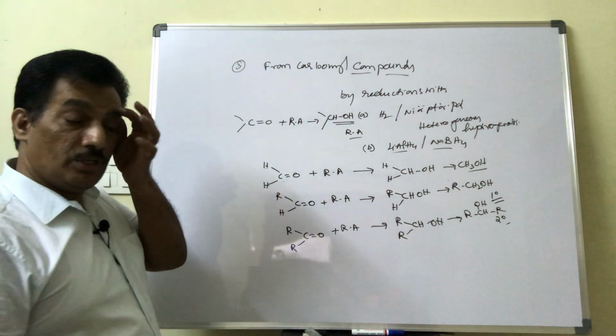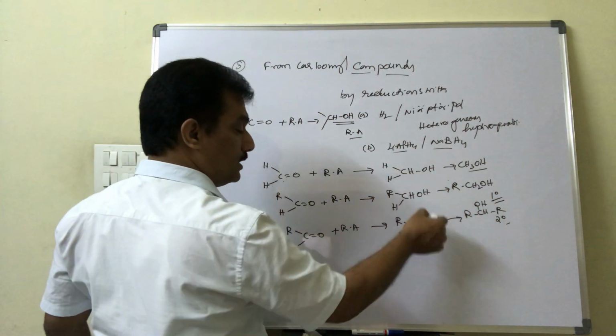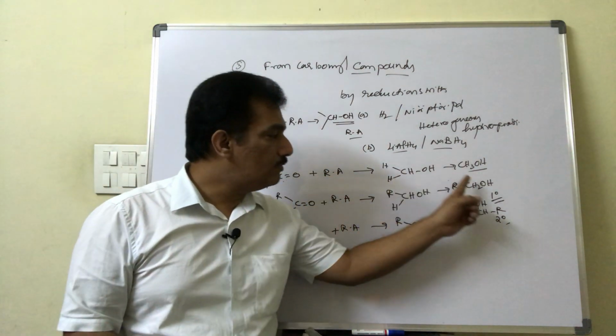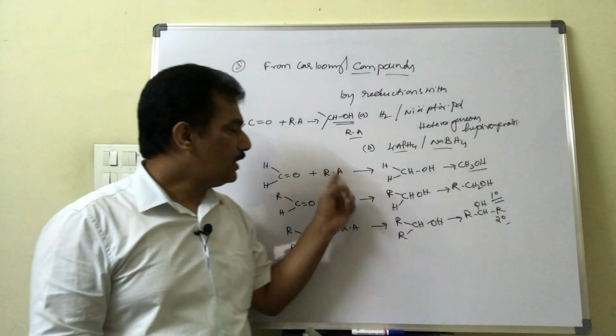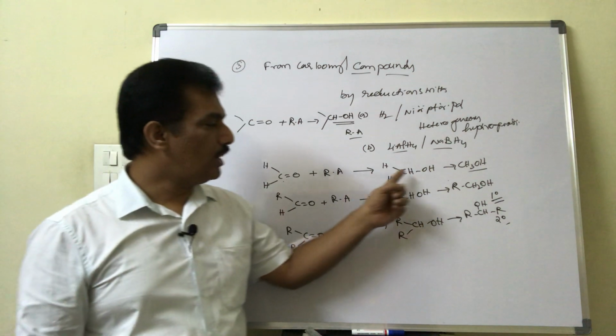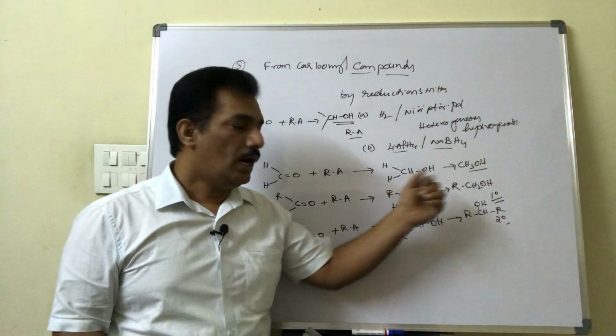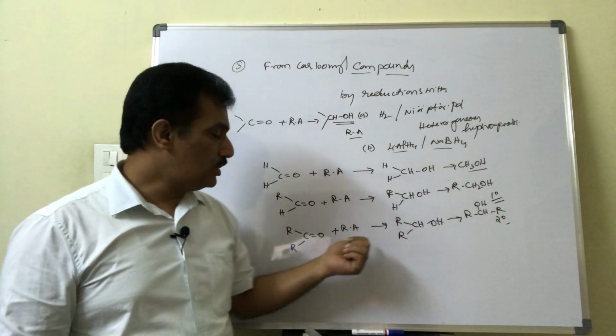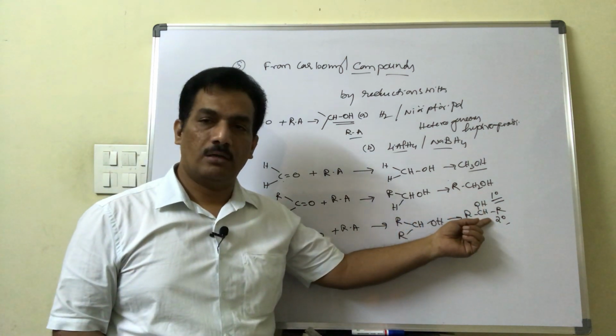If you observe, from these different aldehydes and ketones, when reducing agent is used to convert into alcohol, the first member of the aldehydes, formaldehyde, forms methanol, and the other aldehydes tend to form primary alcohols, whereas ketones form secondary alcohols.